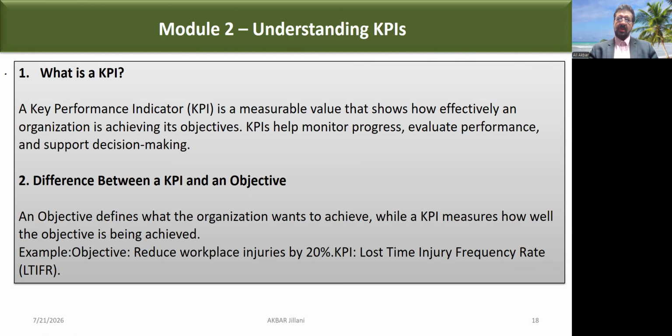Example, objective: reduce workplace injury by 20%. The objective is a reduction of workplace injury by 20%. Now, the KPI is the Lost Time Injury Frequency Rate, LTIFR. So in this case, we will have LTIFR.